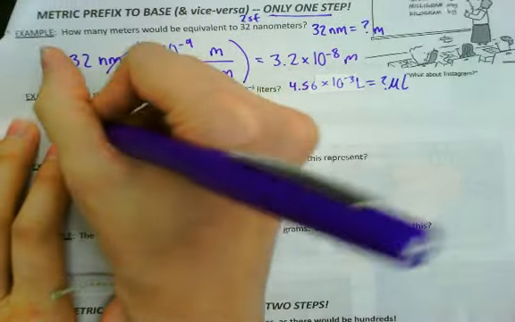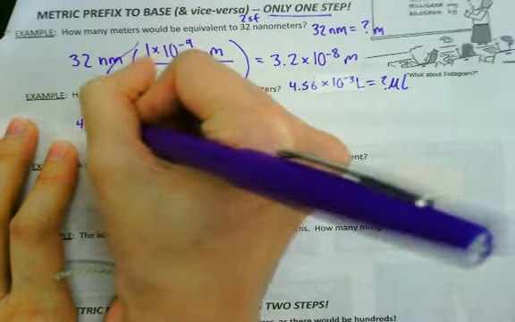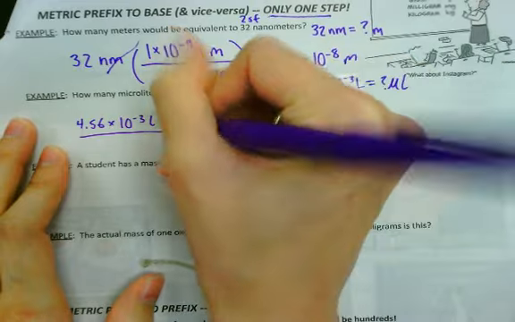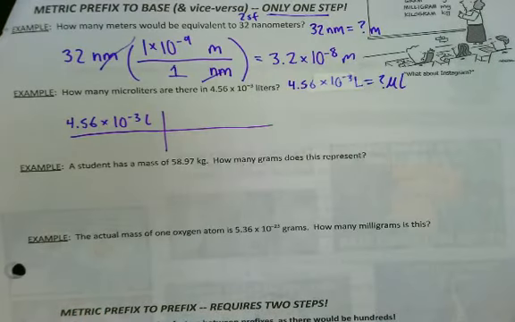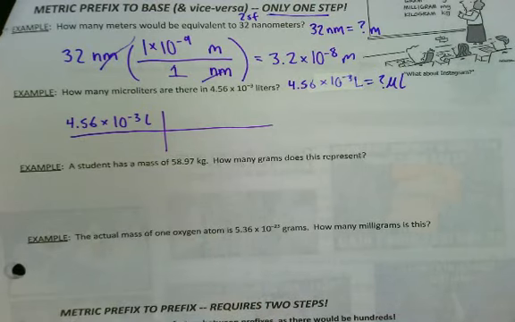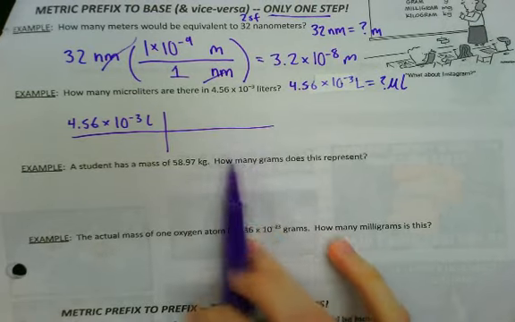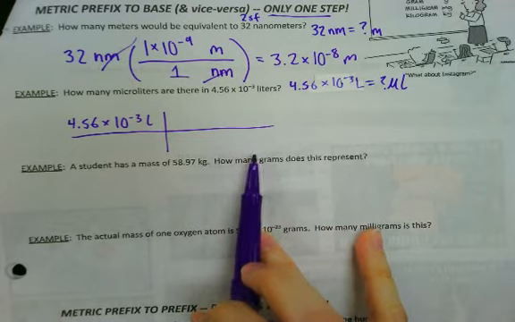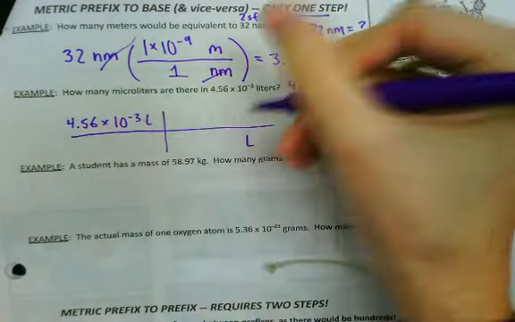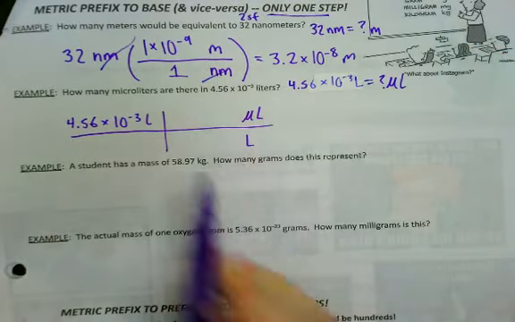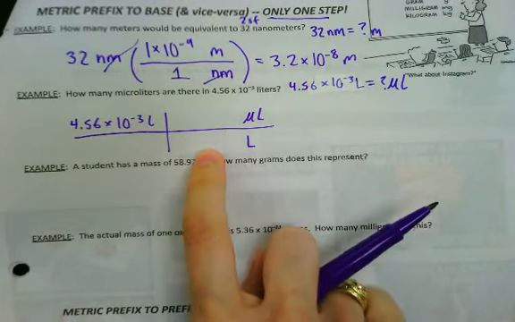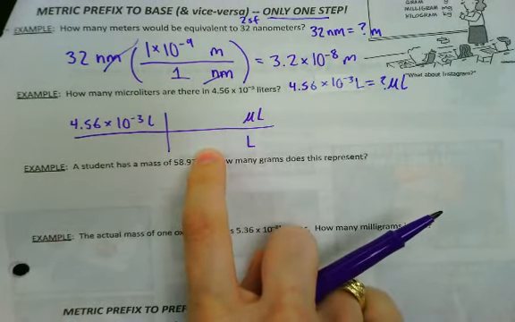So again, same thing. We're going to write our given. I'll use train tracks this time for those of you who are train tracks fans. So we start out with liters. What unit is going to go down here on the bottom of our conversion? Liters. And what are we trying to get to? Microliters, yeah. So we're going from liters to microliters. What number do I get to put with liters, y'all?